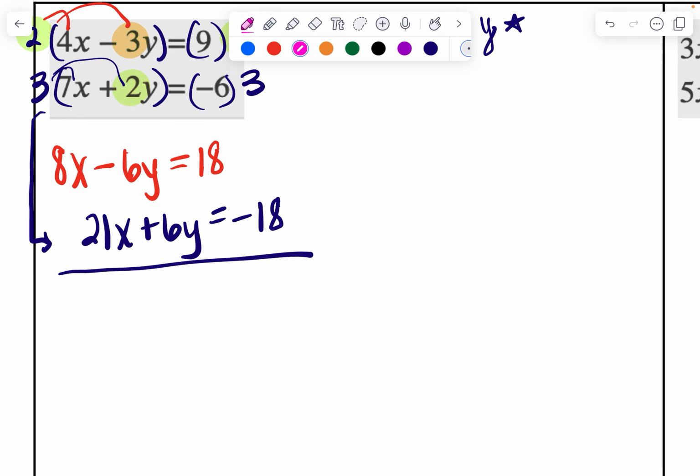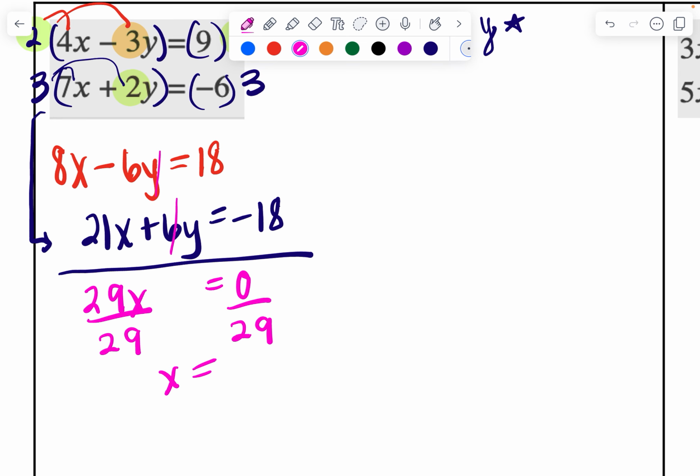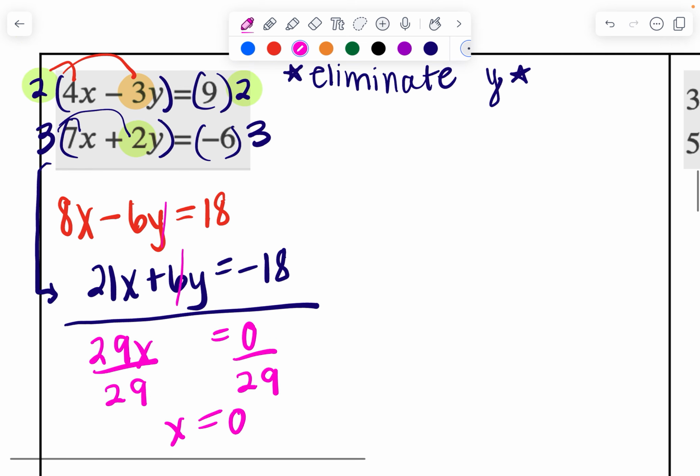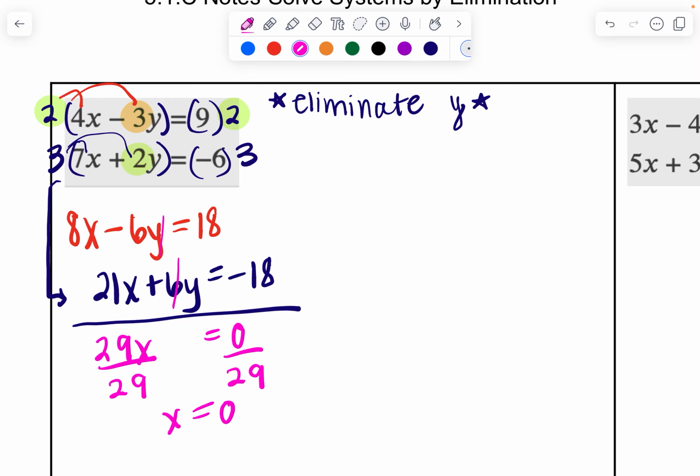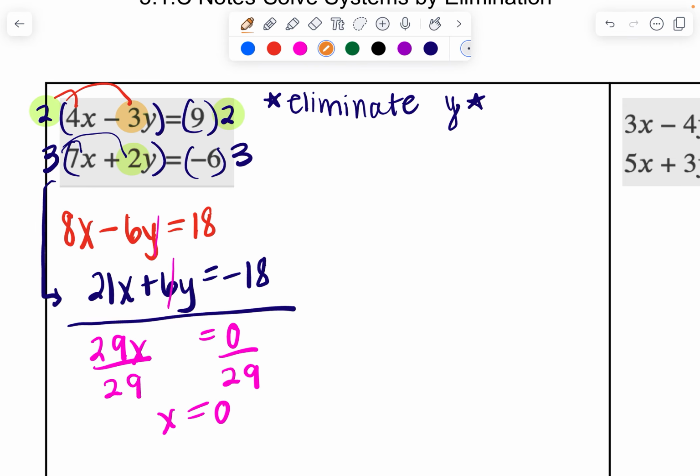So 8x and 21x is 29x. The y's go away. 18 and negative 18 is 0. So finishing this off, we will get x equals 0. Now to find y, again, I can choose any of my 4 equations, either of my 2 original equations or my 2 new equations. I'm going to do this equation only because it's positive 7x and positive 2y.